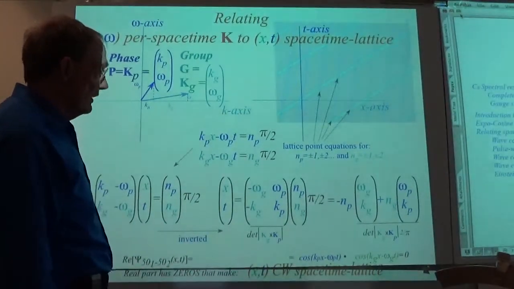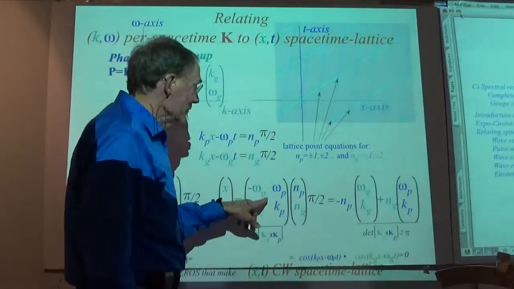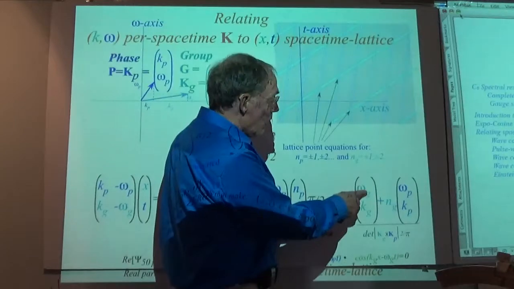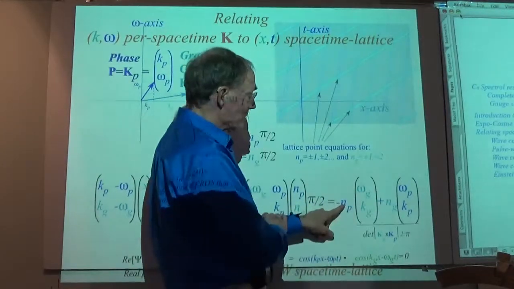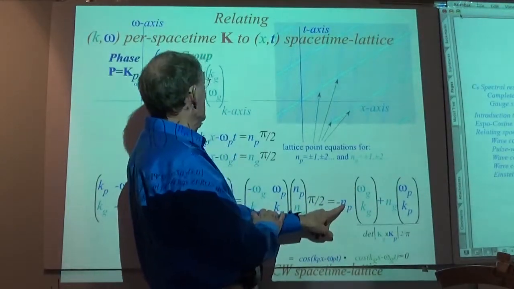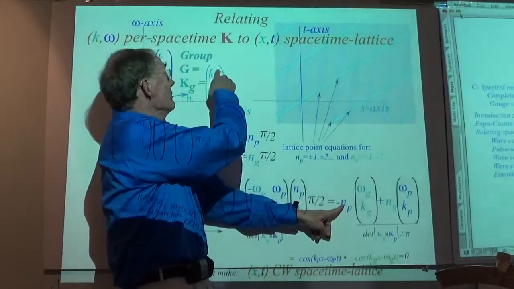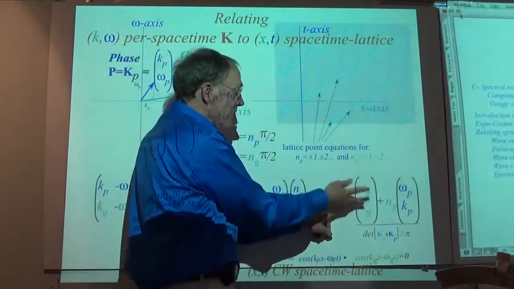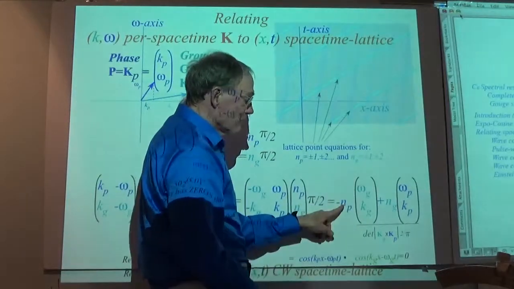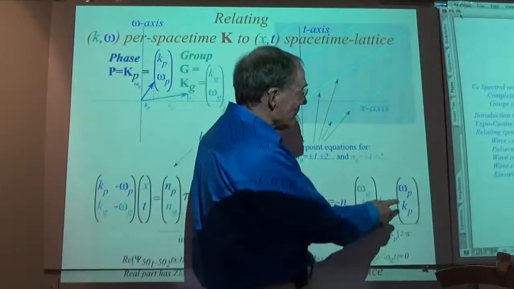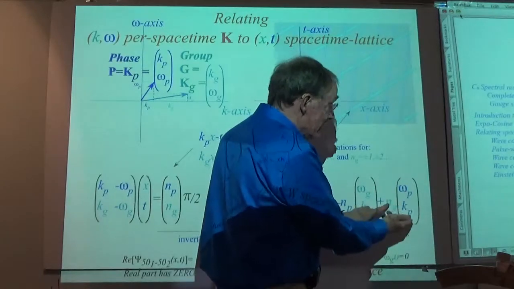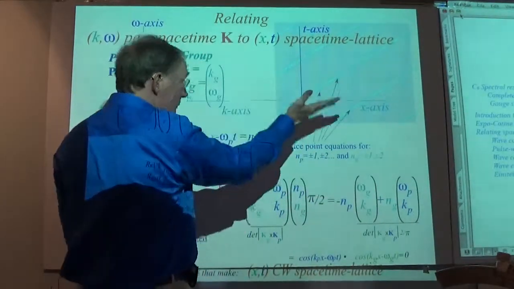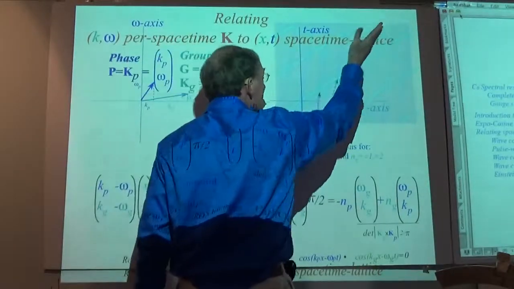And look what it gives us. It gives us whatever this integer is times omega g kg. But be careful, because this is a coordinate system, you see, that has the kg omega g. This is flipped. And then another integer times this one right here, omega p kp. So basically it's these vectors reflected around the 45-degree line.